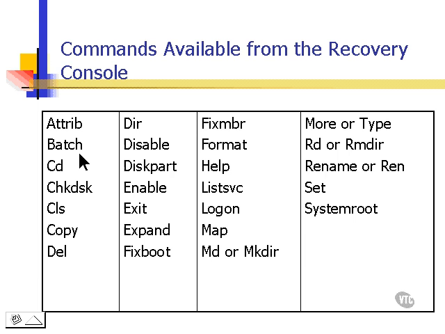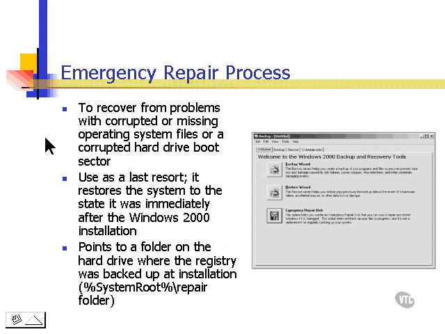Another tool that we can use is the Emergency Repair Disk. An emergency repair disk can be used to recover from problems with corrupted or missing operating system files, but we only want to use it as a last resort, because if we created an emergency repair disk right after we did a system installation, then the emergency repair disk will revert us back to where we were right after the installation, including the users that we had, which would be just the minimal administrator and guest users.